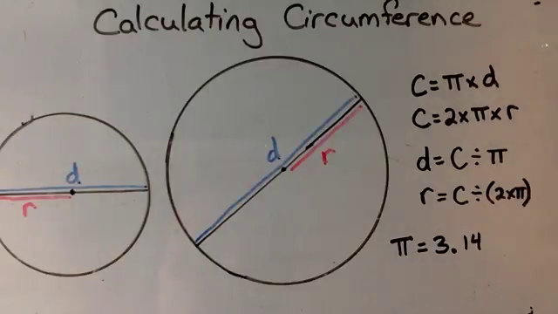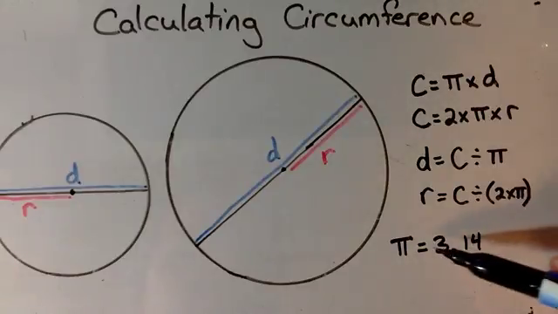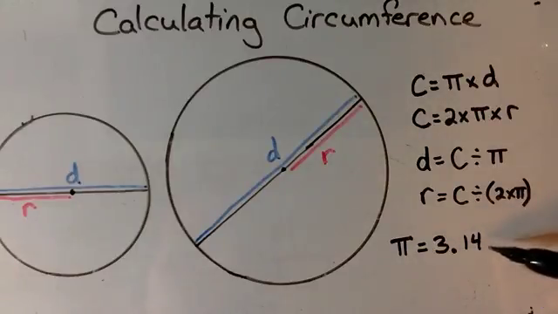But even for very advanced things, usually having about 10 or 15 digits of pi would be more than enough. And in your regular everyday use, this 3.14 is plenty to get you the distance that you're going to need.